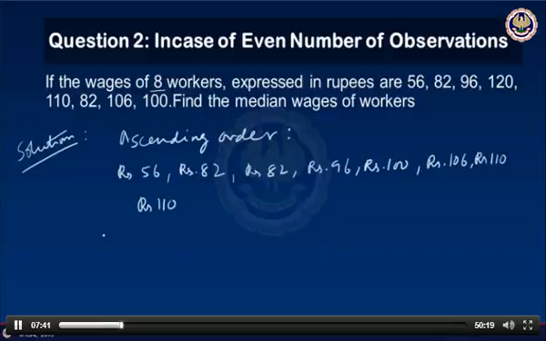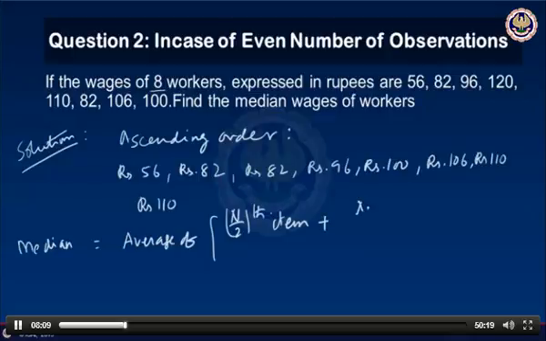We all know that in the case of an even number of observations, the median can be computed as the average of the n by 2th item plus the n by 2 plus 1th item.